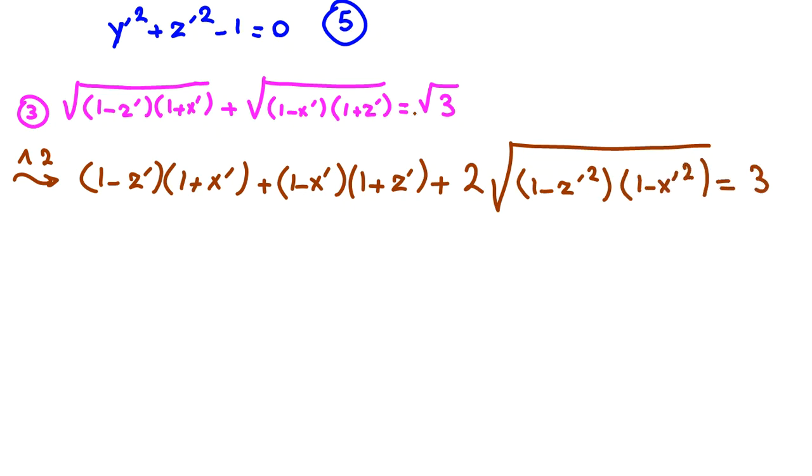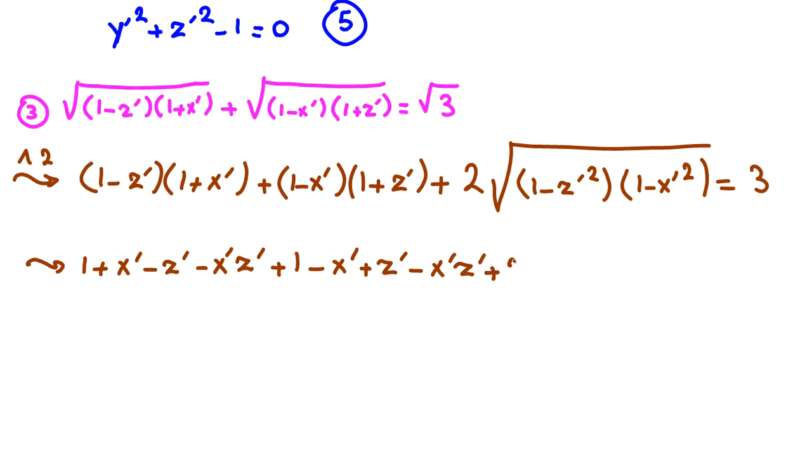Equal to what? Equal to 3. So, here let's multiply. It will be 1 plus x prime minus z prime minus x prime z prime plus 1 minus x prime plus z prime minus x prime z prime plus 2 times the square root of (1 minus z prime squared)(1 minus x prime squared) equal to 3.